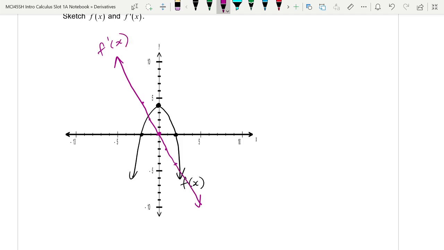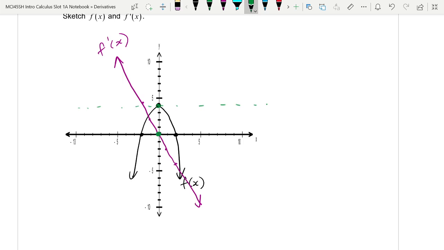Now, what relationship do those two graphs have? Well, remember that again, right here, the tangent at a vertex has to have a slope of 0, which is why at that point the slope is 0. Remember, that purple line represents the slope everywhere along the black line as x changes.